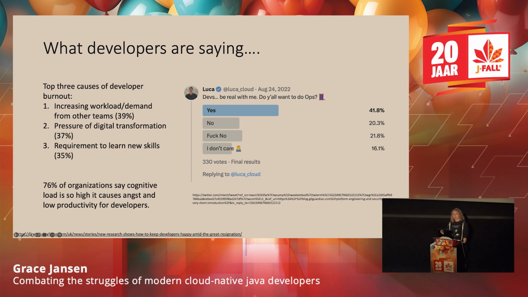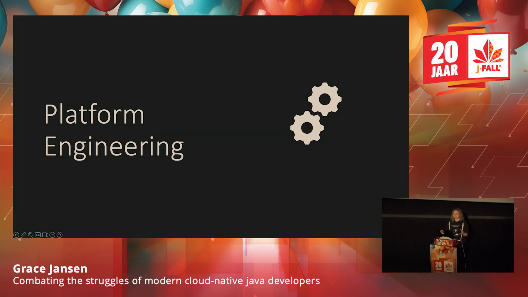So with all of these struggles in mind, how can things like platform engineering help us to be able to hopefully take away some of this cognitive load and enable us to be more productive and more efficient as developers in this modern cloud-native world? So the fact is that most developers require the same sorts of technologies, which often can be standardized across an organization, or at least across a development team.